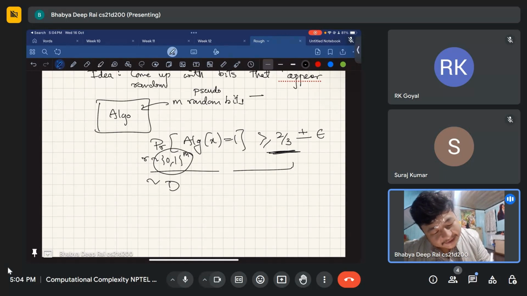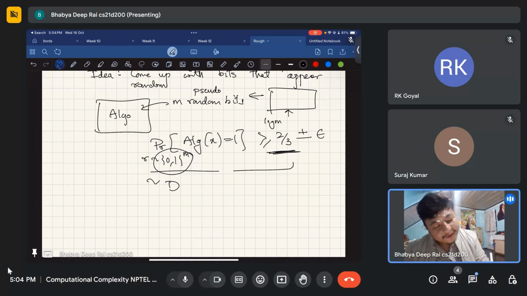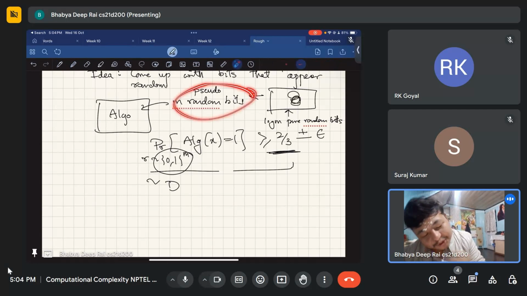I actually give you, say, log m, a very small number of purely random bits. Log m number of purely random bits. And I do some processing here, and then I give you m pseudo random bits.